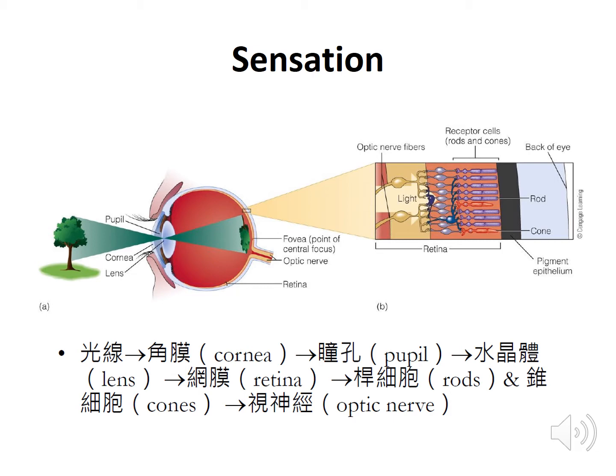What else is important is that the outside world, through this process of optics, is inverted and presented onto the retina in an inverted fashion. So the tree is upside down.